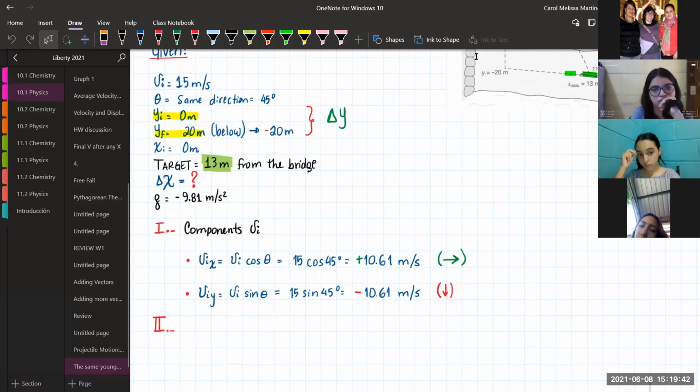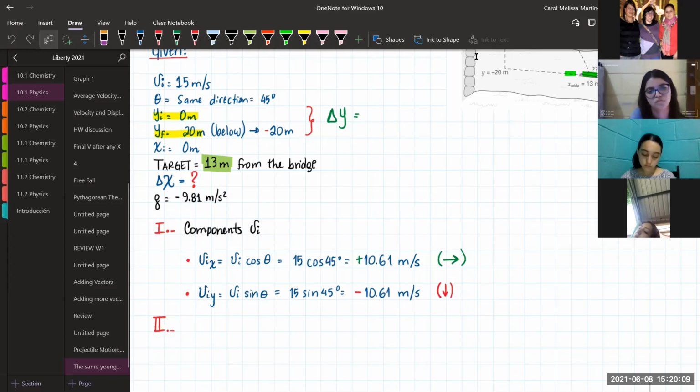Having those two data, I can easily get delta y by applying a formula that is not included in the list I gave you, but you know that every change in whatever is final minus initial. It could be delta time, it could be delta x.